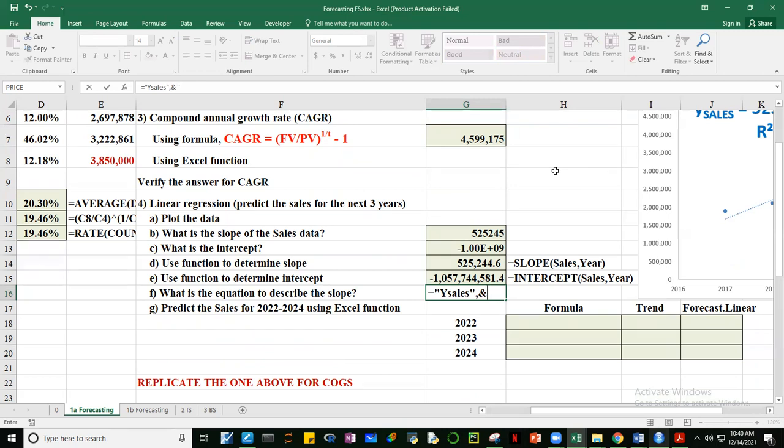Huwag na lang, kasi kulang tayo ng oras. I could have written an expression combining yung slope at saka intercept, pero sulat na lang natin.